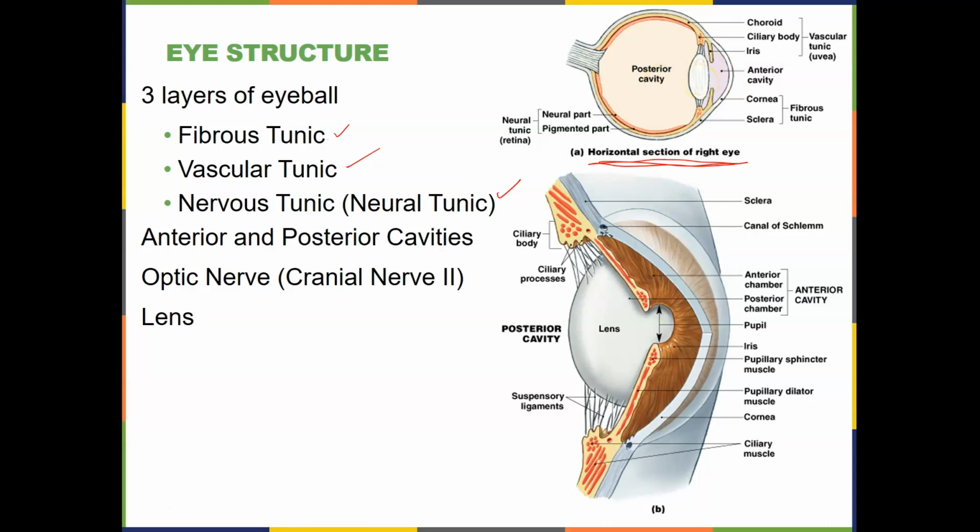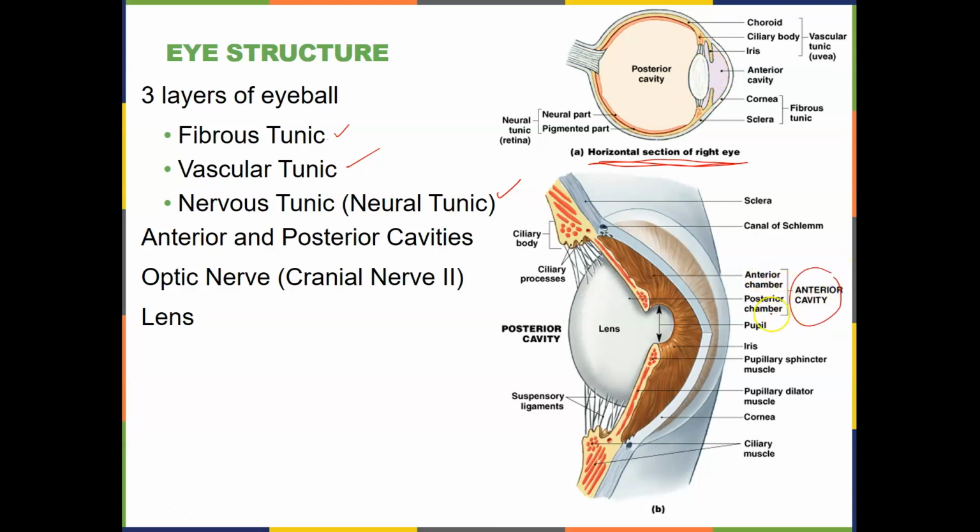Over here we have a different view showing us, of course, the sclera, the white of the eye. Here's the canal of Schlemm, which is a lovely name, right? The canal of Schlemm is associated with lacrimal activity. The anterior cavity is going to consist of the anterior chamber and a posterior chamber.